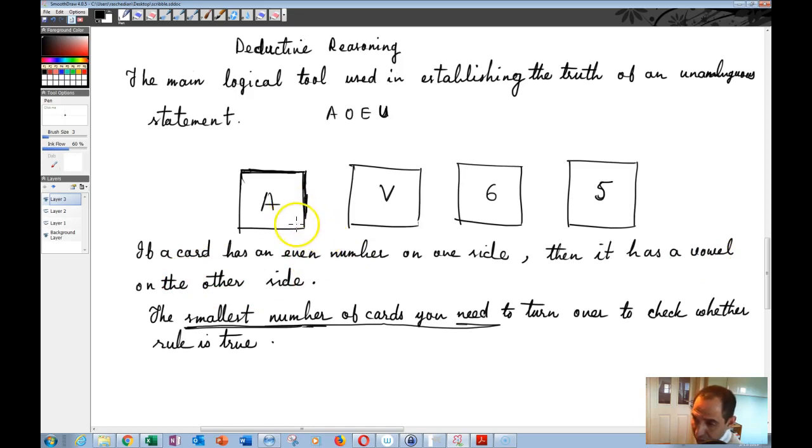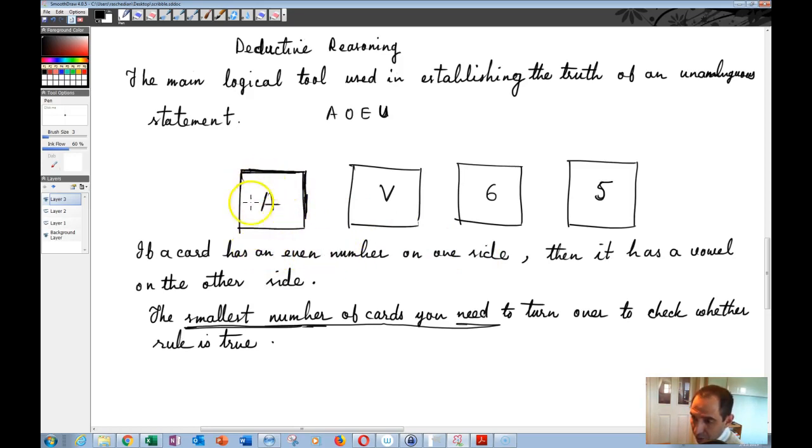But it doesn't necessarily say that, for example, the card with a vowel on one side must have an even number on the other side. What I mean by that is that if you have an odd number on the other side, still this rule is not broken, meaning that you have an odd number on one side and vowel on the other side, which is not a problem, and it doesn't break this rule.